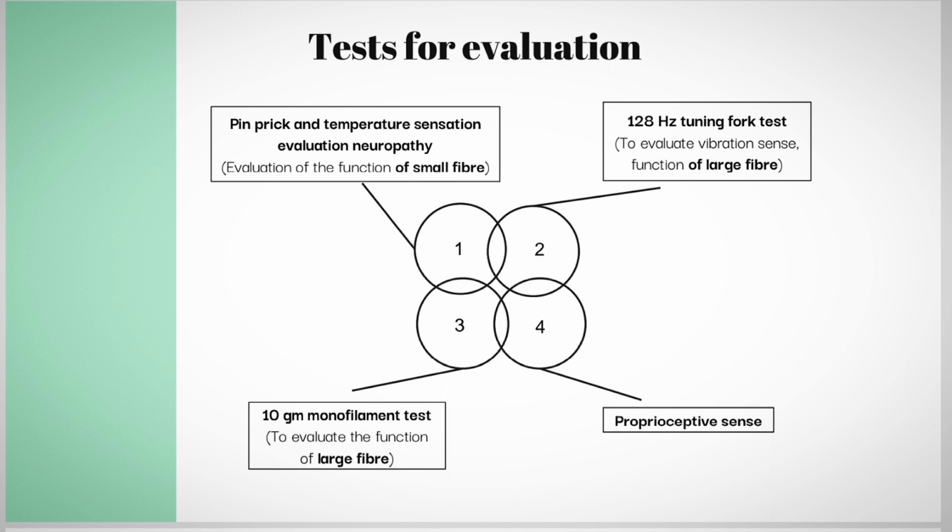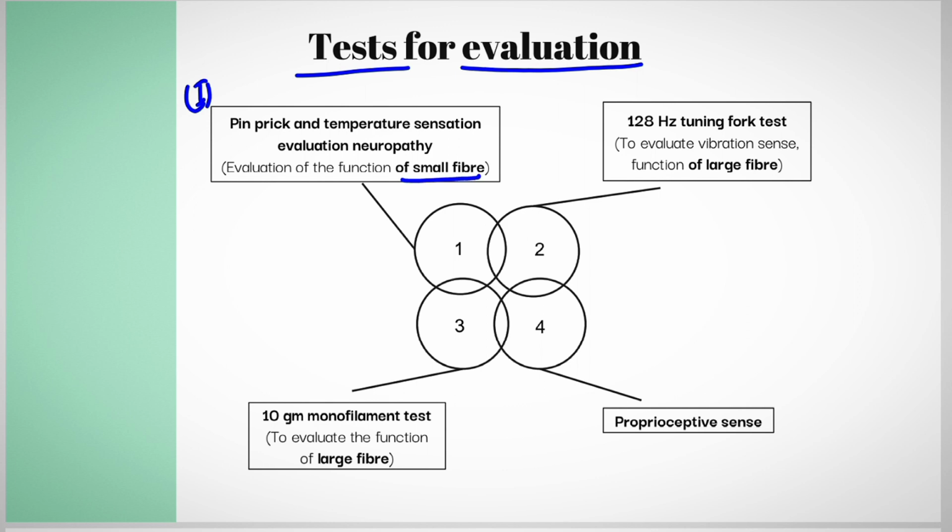So what are the tests for evaluation of the diabetic neuropathy? The first one is the pinprick and temperature sensation evaluation, and this is to evaluate the function of the small fiber.